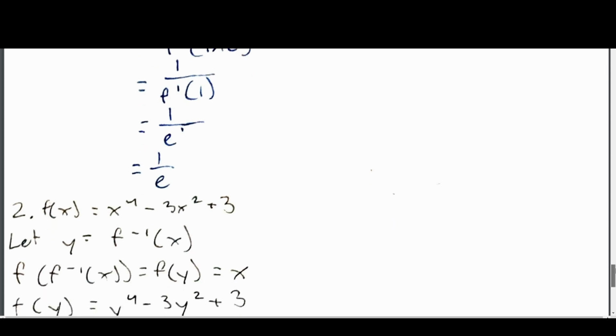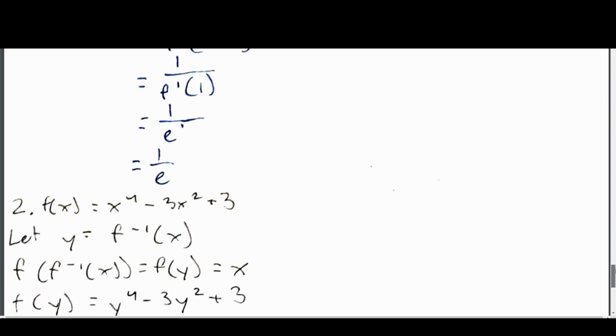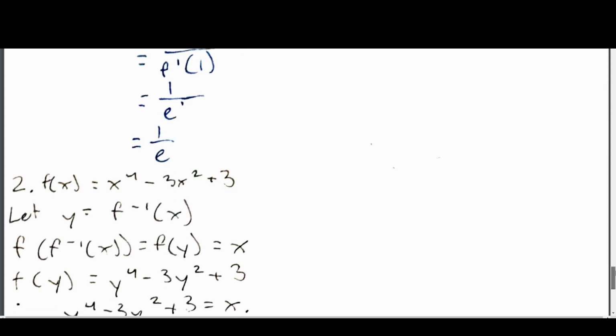So we know that f of y equals y to the power of 4 minus 3y squared plus 3, and we can also set that equal to x, since all we're doing is setting relationships step by step, so we can find an equation that we can take the derivative of implicitly.